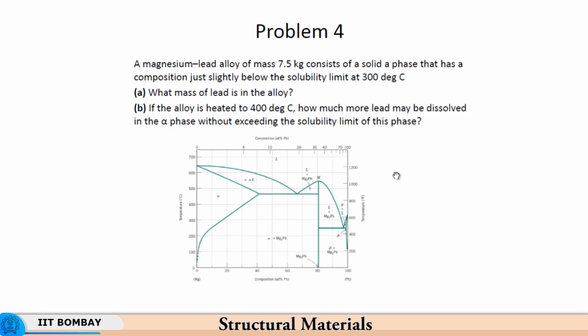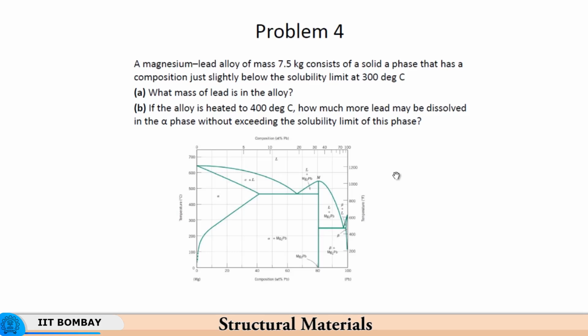Now if the alloy is heated to 400 degrees centigrade, how much more lead may be dissolved in the alpha phase? So now you are increasing the temperature to 400 degrees centigrade. Earlier, lead was to the extent of 16 or so percent, and now when you raise the temperature to 400, solubility has gone to something like 30%.